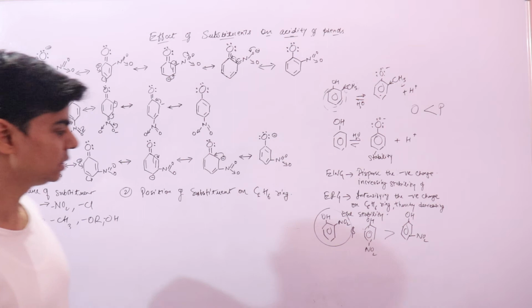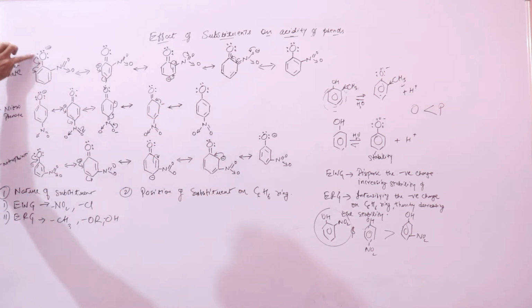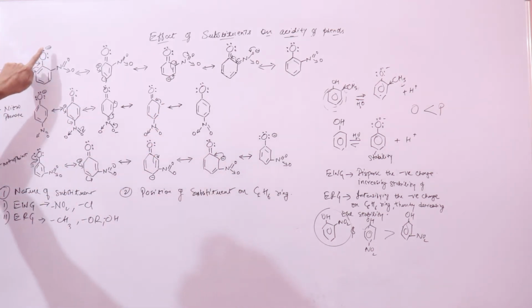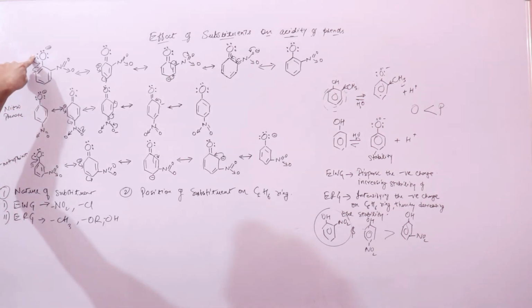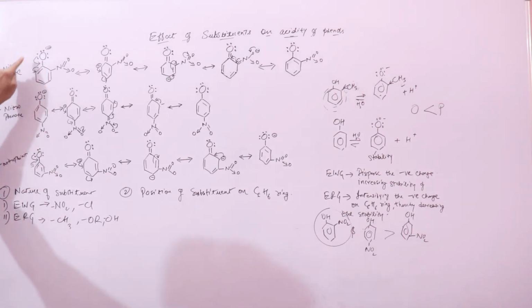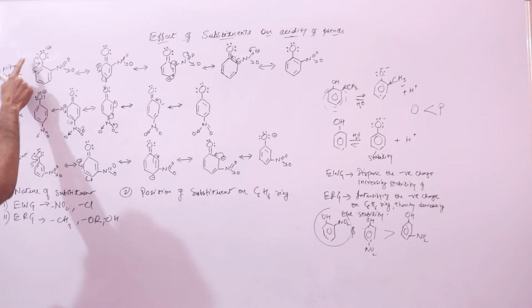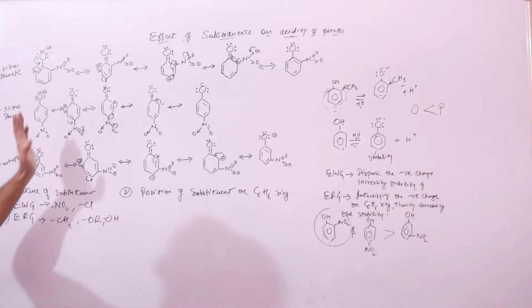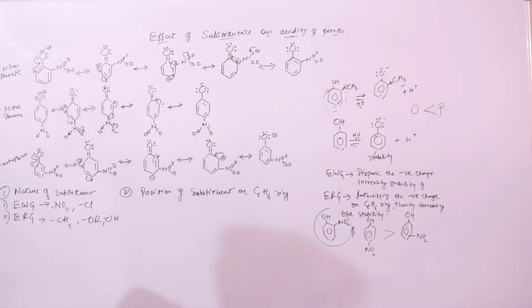So if you look at these resonance forms, just know how to draw them. These are the 3 electron pairs on the oxygen atom. The lone pair on the oxygen atom will enter into resonance, the plus R effect, with this benzene ring. Due to resonance, this lone pair will enter into the benzene ring, so we'll be drawing the different resonance forms. It will occupy the ortho, meta and para positions.